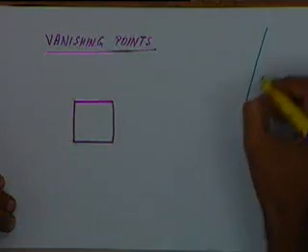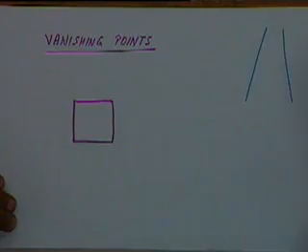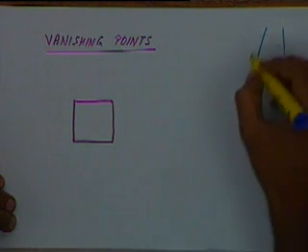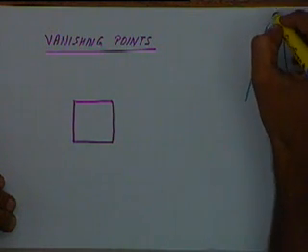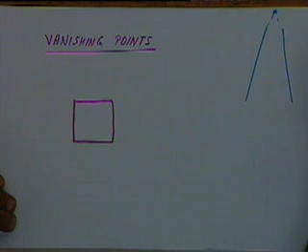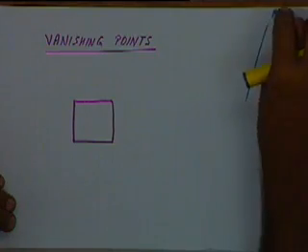If you are standing in the middle of the railway track and look into the distance, you get a view like this. These two lines will seem to come from this point, which is actually a point at infinity, but when you project it onto a vertical plane, it becomes a finite point.